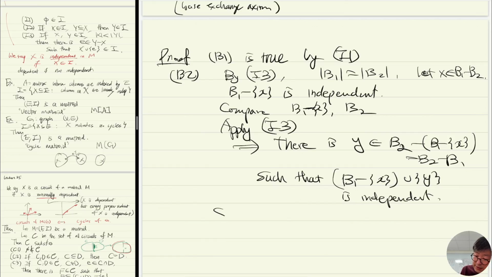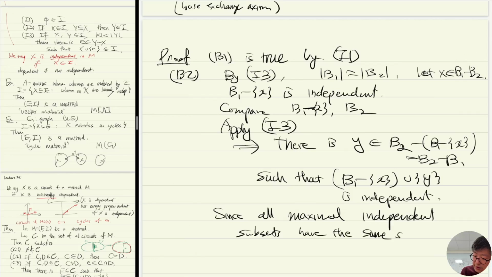Okay, and since all maximal independent subsets have the same size by I3, B1 minus X union Y is a base.